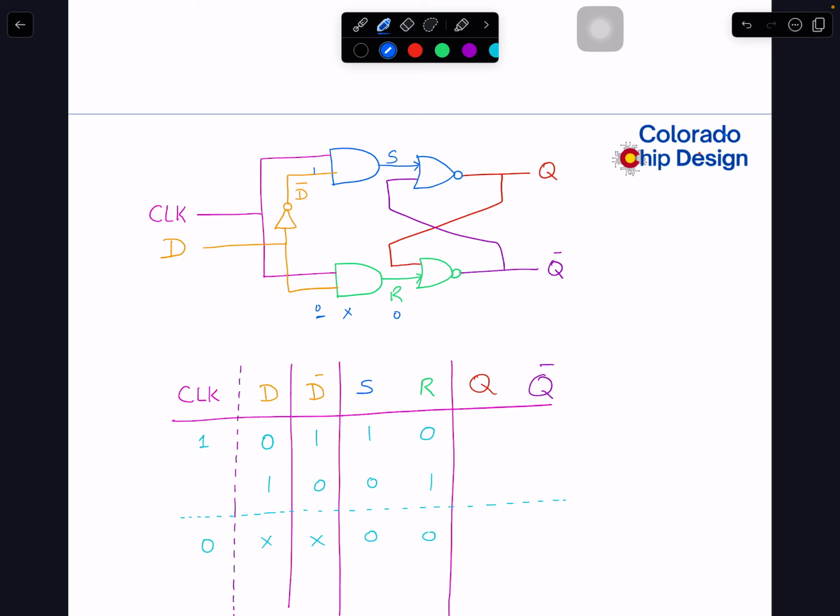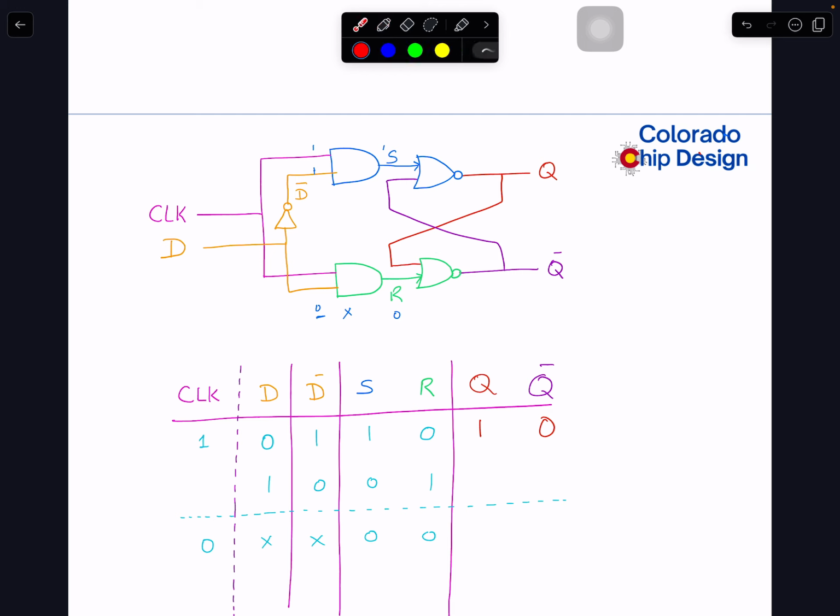This 1 depends on the clock now. If clock is 1, this is 1. So we have a case of S is 1, R is 0. And you know what happens: Q is set, and Q dash is 0.